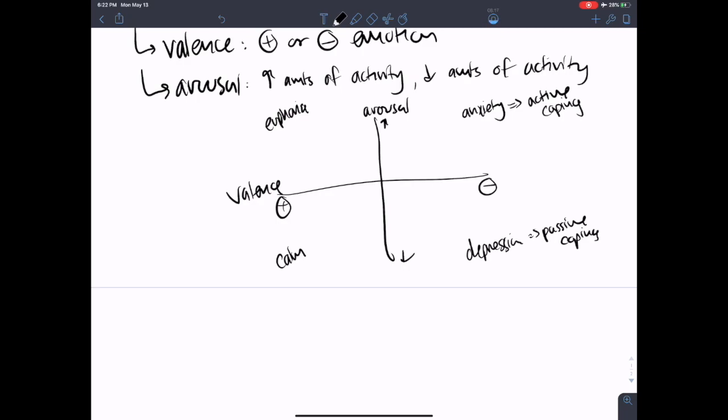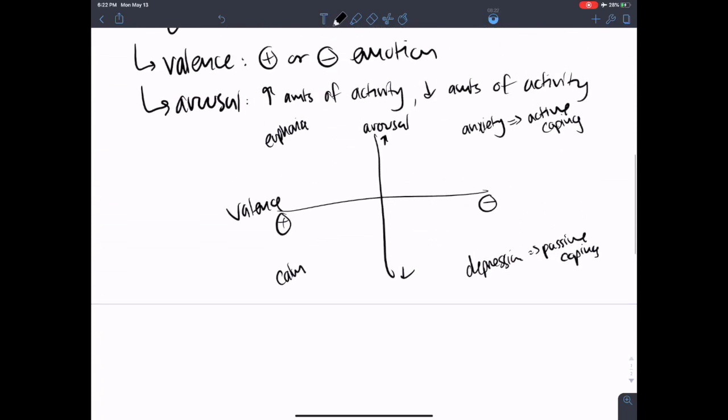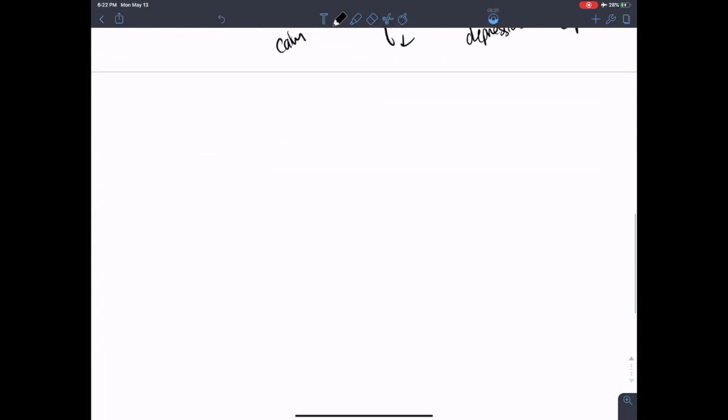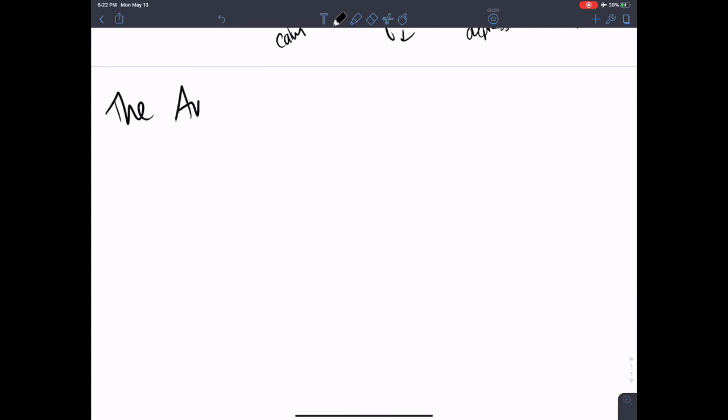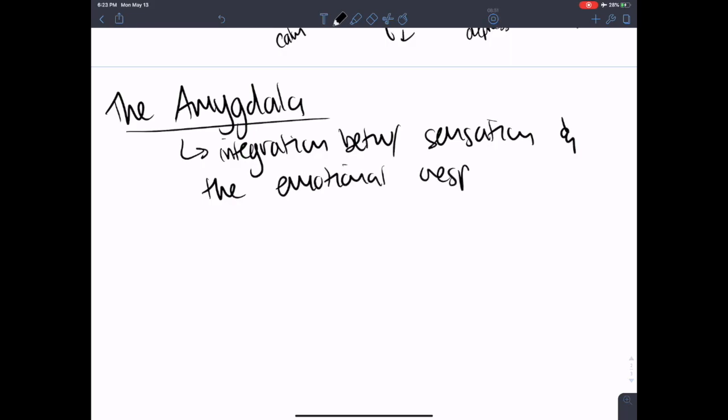And I'm forgetting what's in this. Oh, right. So what we talked about next, after we categorized emotions in this way, we talked about the amygdala, because the amygdala is important, or is necessary, for the integration between sensation and the emotional responses, whether they be physiological or behavioral.